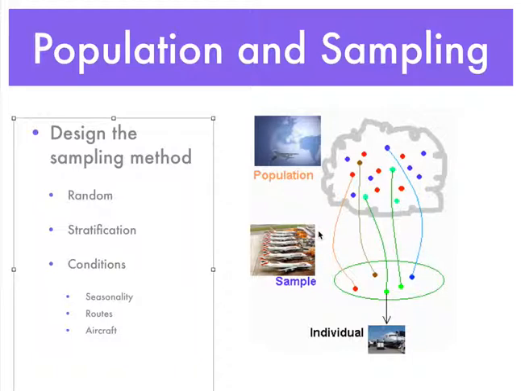Maybe it could be stratified in terms of time of day, or length of the trip, or however you want to disaggregate it. And then, as I pointed out earlier, are there seasonality issues, routes that have to be taken into consideration, different types of aircraft, and so forth. So you identify the population, you draw a sample, and then we can take information from individual aircraft in order to create a sample.